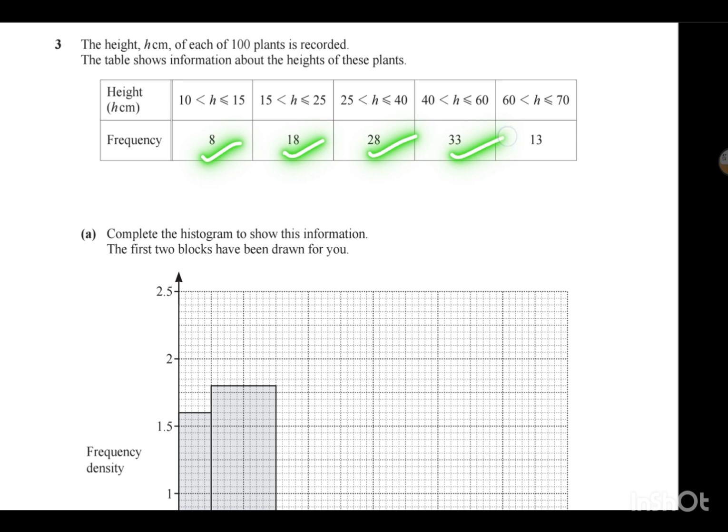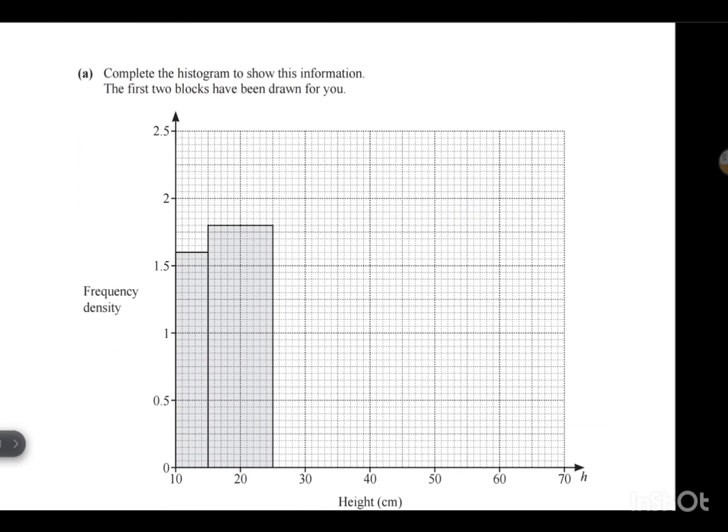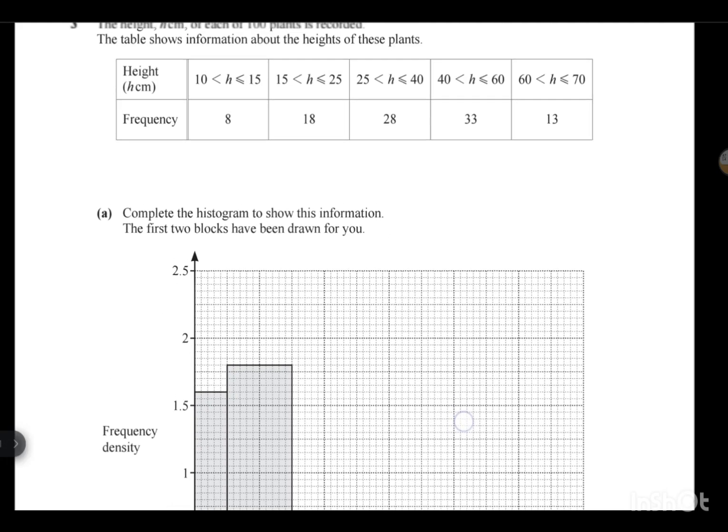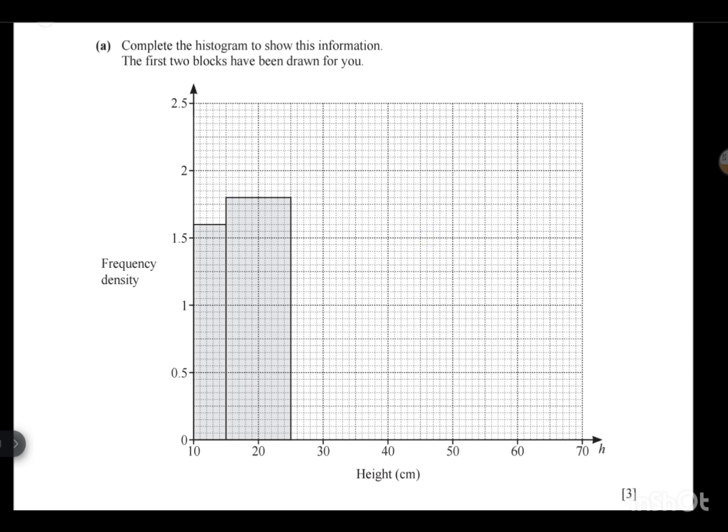Question number A. Complete the histogram to show this information. The first two blocks have been drawn for you. So here they have drawn the histogram only for the two classes, 10 to 15 and 15 to 25. We have to complete it.